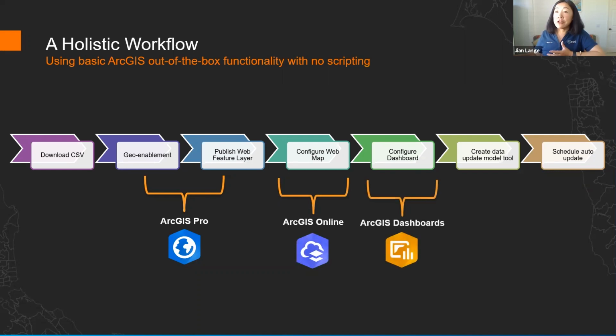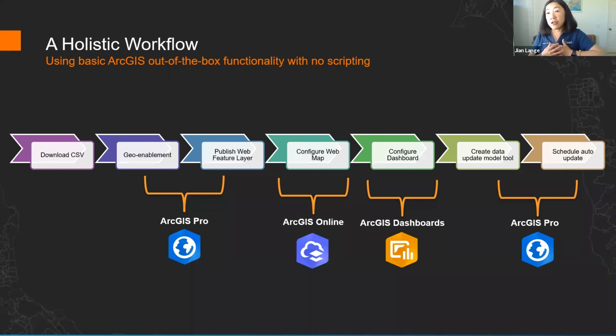Then we'll use ArcGIS Dashboards to create a dashboard that reads the feature layer. Then we go back to ArcGIS Pro and use Model Builder to create that model tool to update the feature layer, and then use the scheduling feature, which is out of the box as well, to schedule that model tool to run. So that's pretty much all the steps that I'm going to show.